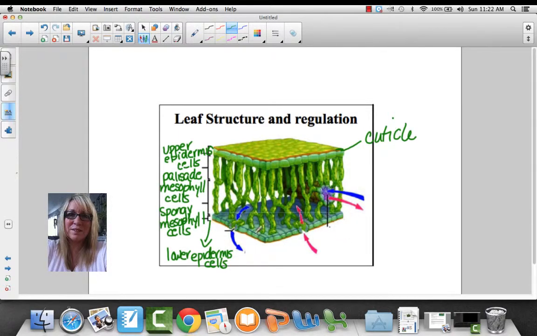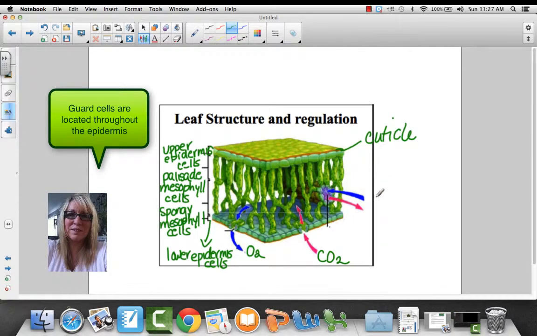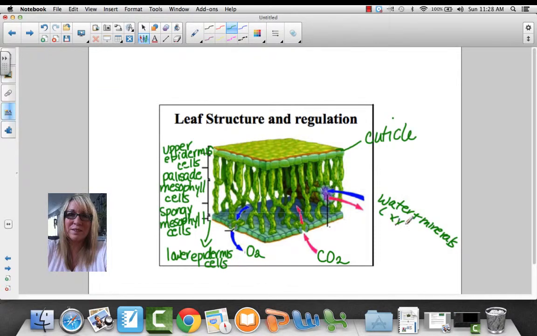And these are your guard cells. So you have a guard cell here, guard cell here. So these are guard cells. And we have O2 coming out. We have CO2 going in. So we have water and minerals going in, and that's through the xylem.